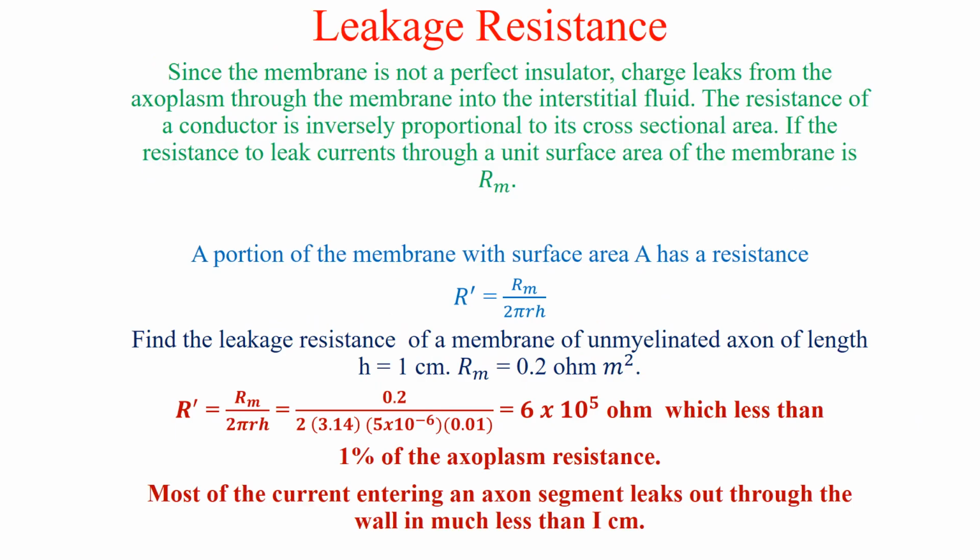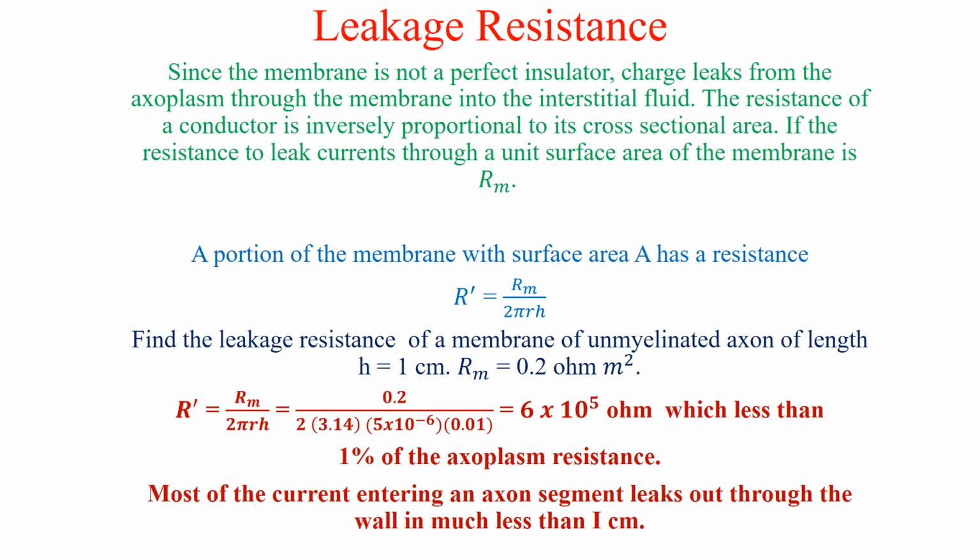The third parameter that is important to be calculated is the leakage resistance. Leakage resistance represents the resistance to the current I leak, the current leaked out from the interior of the axon through the membrane to the surrounding interstitial fluid.